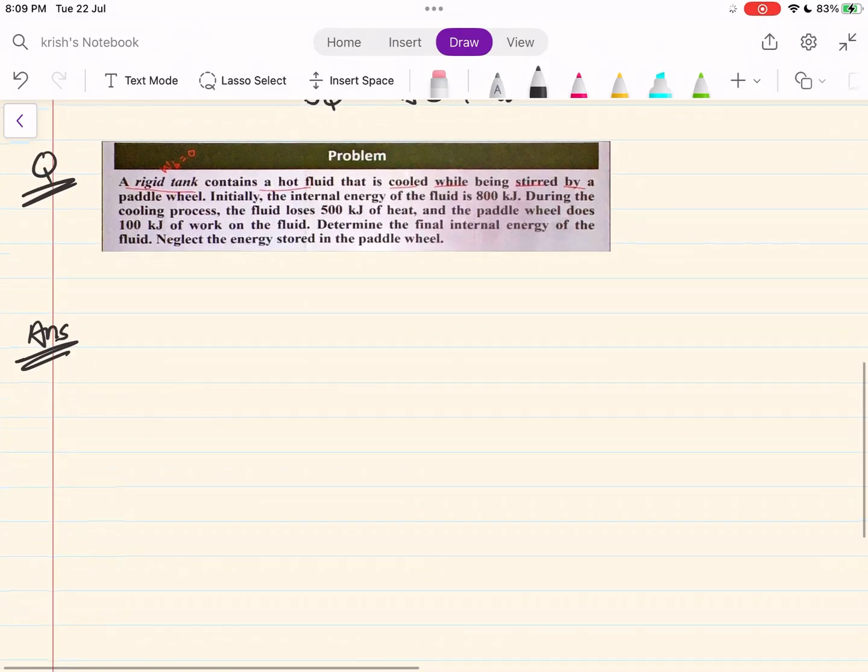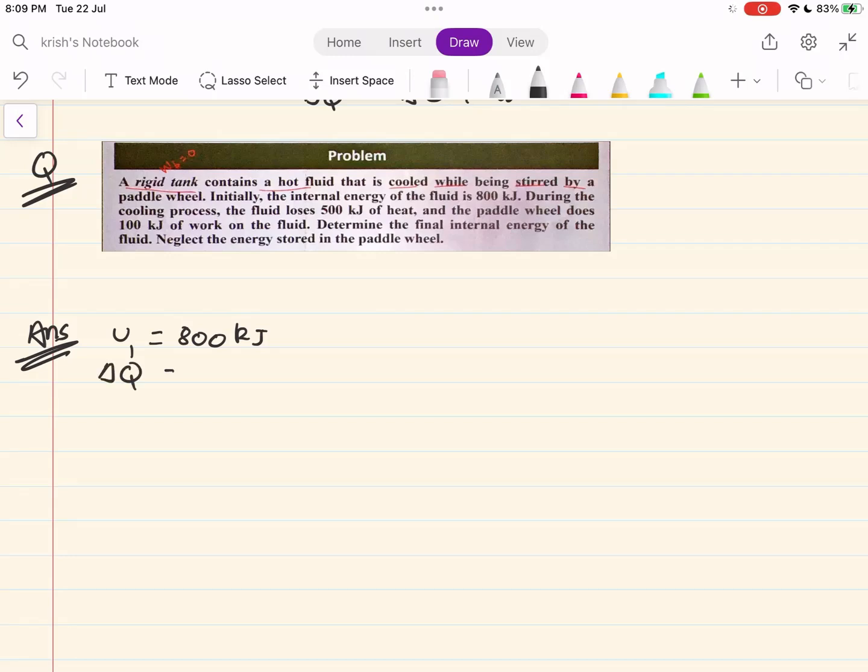Okay. Initially, the internal energy of the fluid is 800 kilojoules. So U1 equals 800 kilojoule. During the cooling process, the fluid loses 500 kilojoule of heat. So the delta Q is minus 500 kilojoule, because remember, if we take the fluid to be the system, then the heat is going out of it.